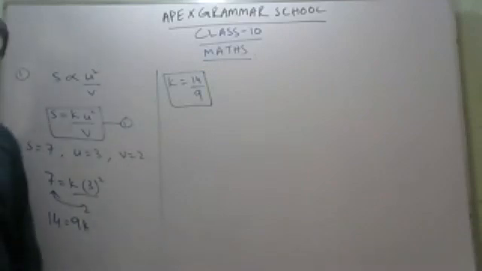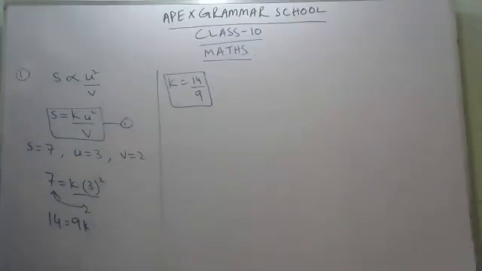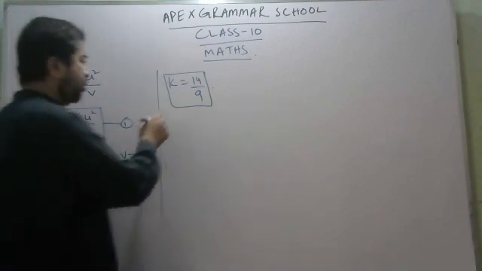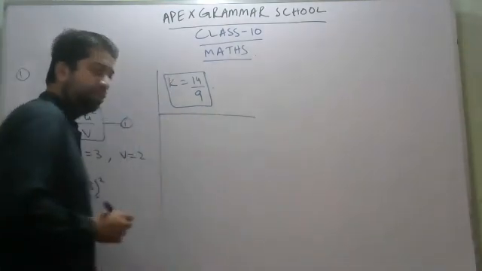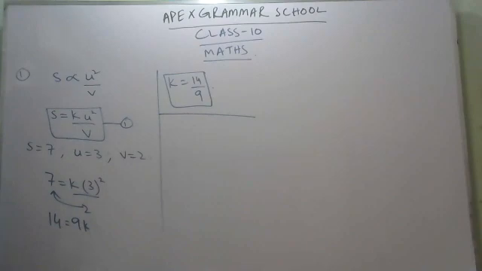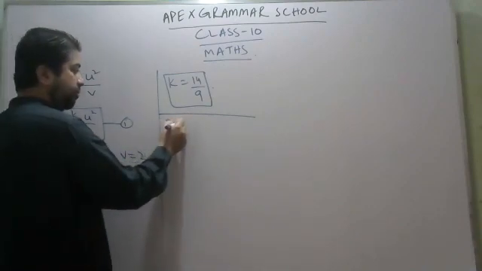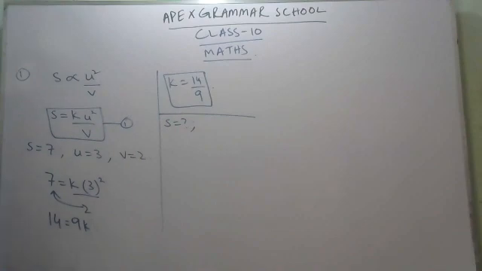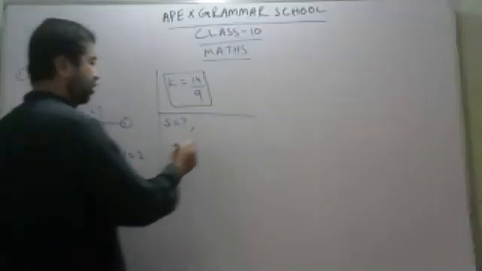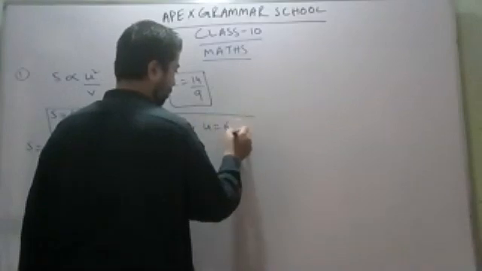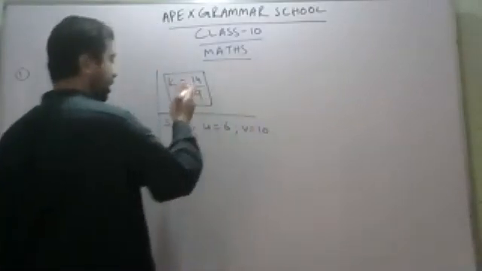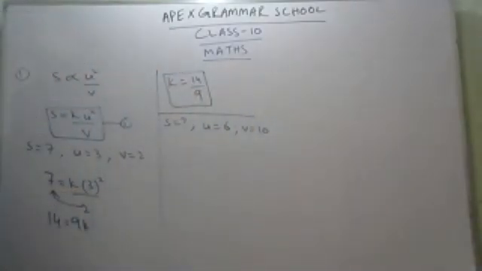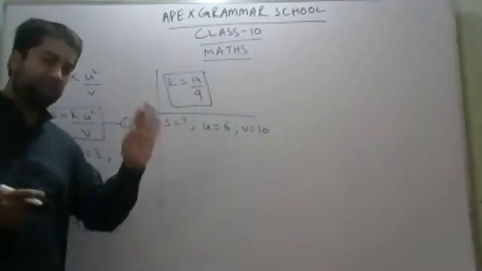Now we are done with the value of K. Now for the other part of this question, we want to find the value of S when U is equal to 6 and V is equal to 12. You know that K is a constant which can never be changed, but these values can be changed.